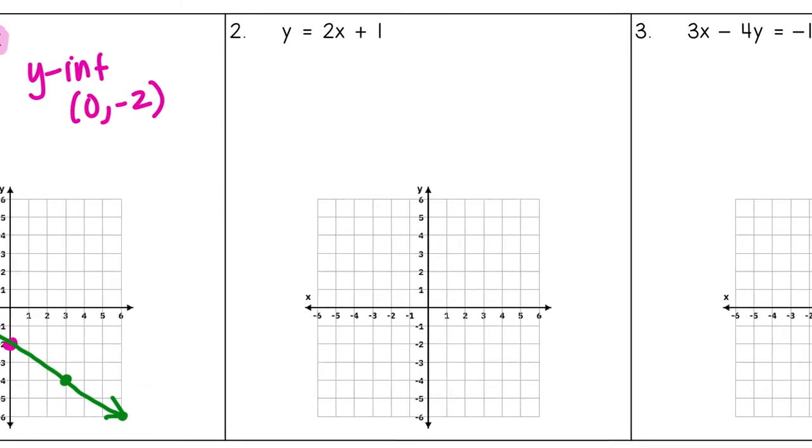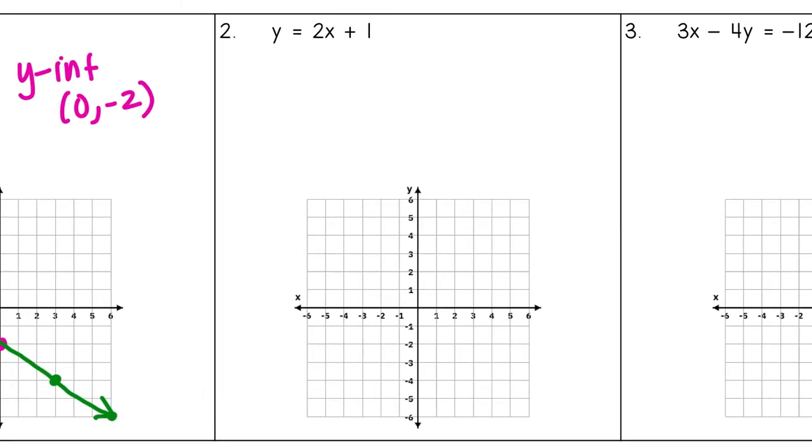We have y equals 2x plus 1. The number before the x is our slope. So slope is 2. But remember what I said before, even if it's a whole number, you have to turn it into a fraction. So all we have to do is put it over 1.